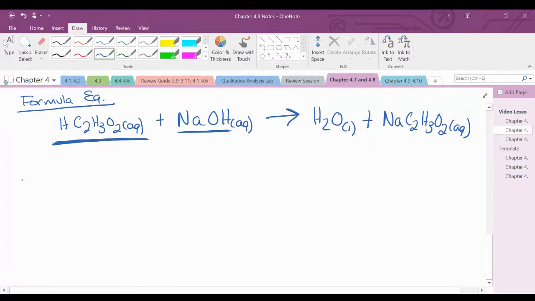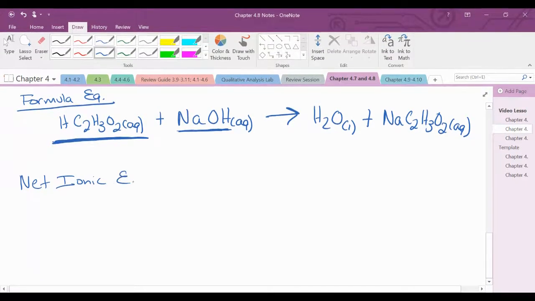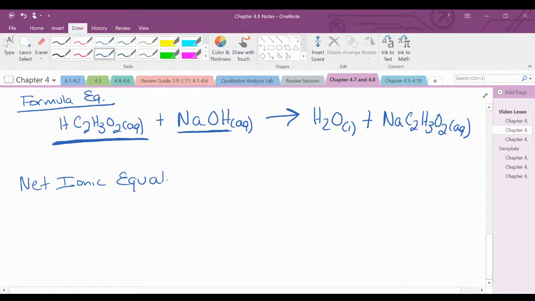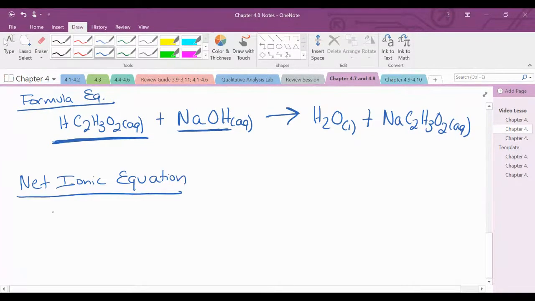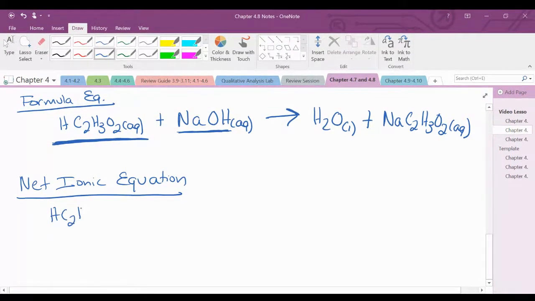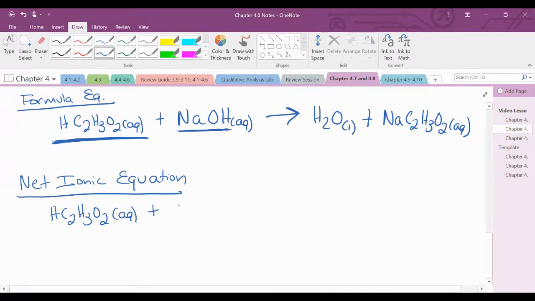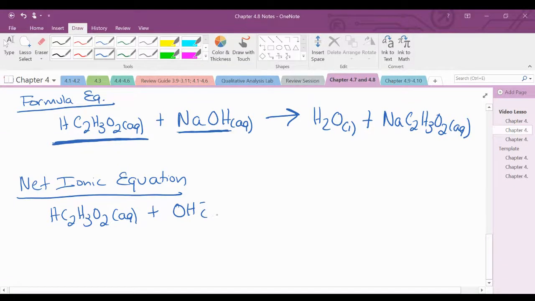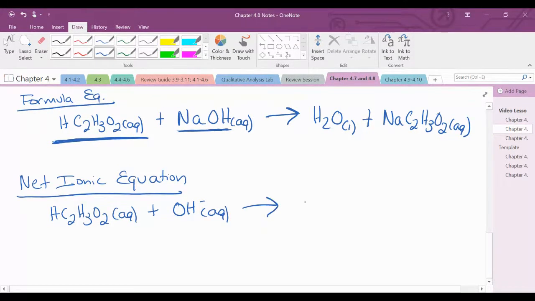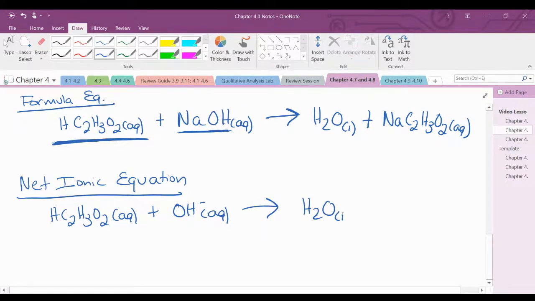So in your net ionic equation, you would still have some acetic acid molecules plus hydroxide ions, and that would form water, plus there would be some acetate ions.